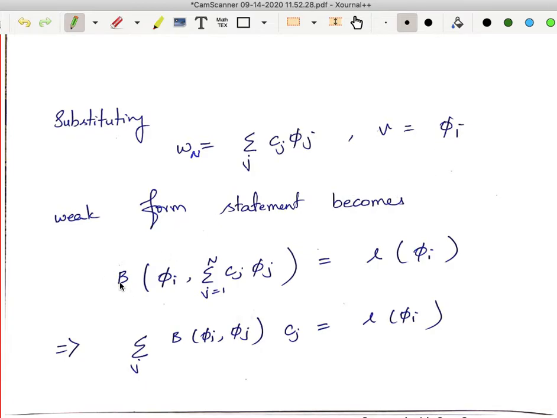The weak form can now be written as b of phi I comma summation cj phi j equals L of phi I. But now this is bilinear, so what can I do? I can write this equation as the summation over j of b of phi I comma phi j into cj equals L of phi I.